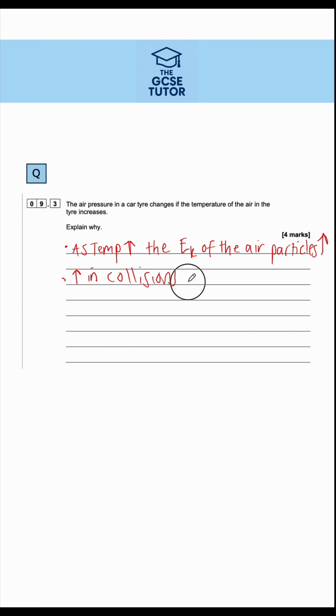First thing we're going to say is that as the temperature increases, the kinetic energy of the air particles increases. If that increases, that means that there's going to be an increase in collisions with the tyre walls.